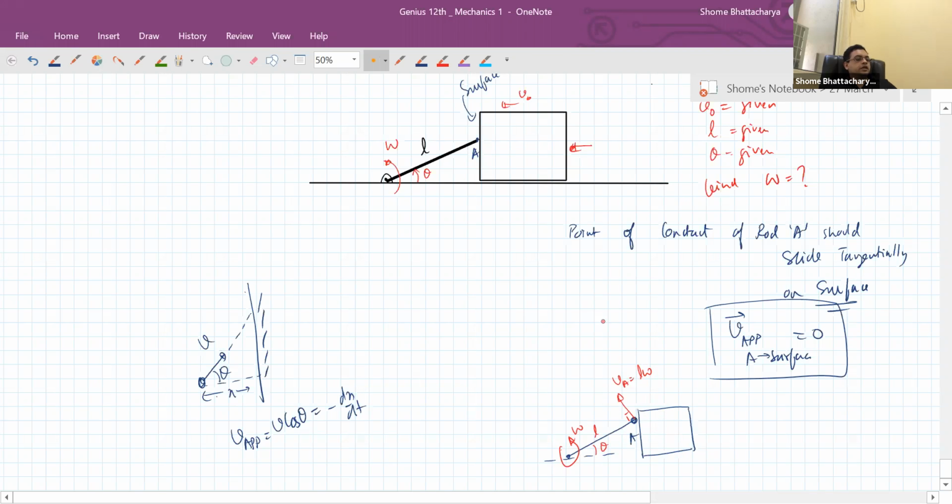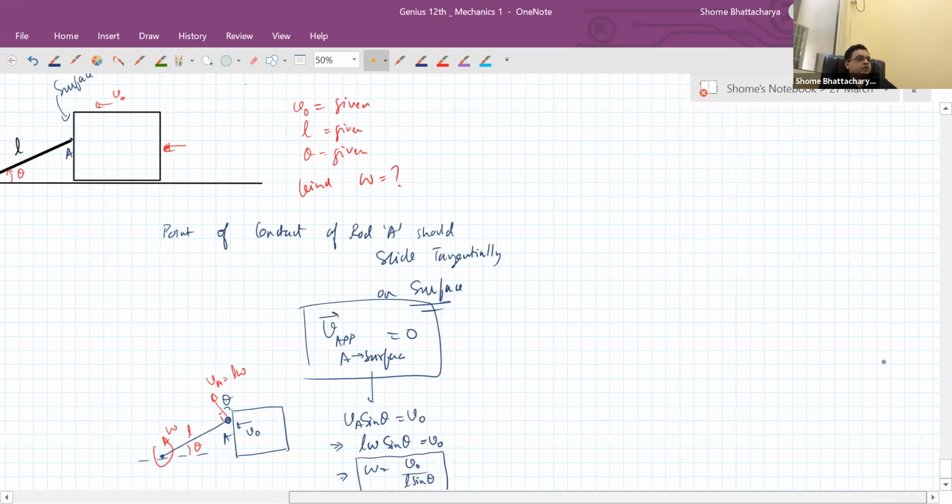And this surface itself is having a velocity of v naught. So this angle will be theta. So you can see that this condition will become that VA sine theta should be equal to v naught, or L omega sine theta should be equal to v naught, so omega should become v naught upon L sine theta.